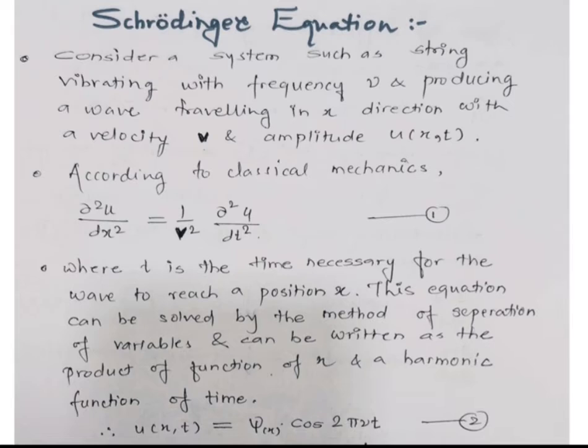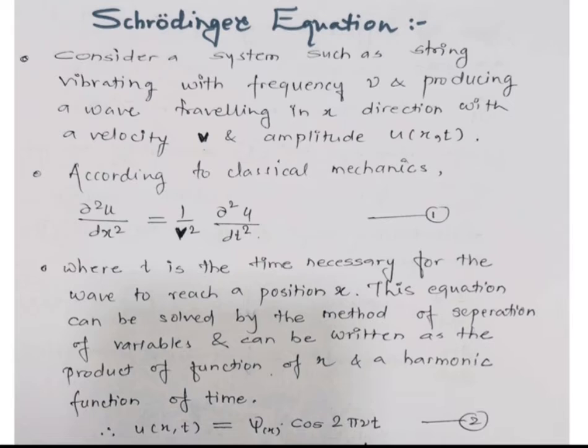And the amplitude u(x,t) is equal to psi of x into cos 2 pi nu t. This is equation number 2 and here new terms are included now. See, here psi is the wave function and the remaining part is cos 2 pi nu t.